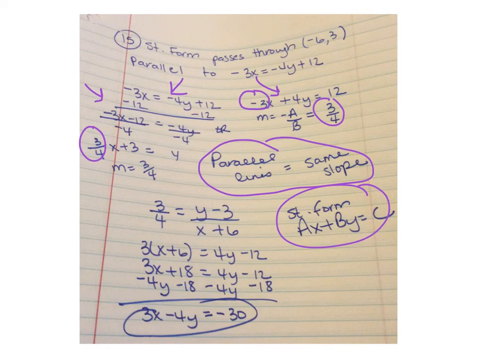Remember, you use the slope formula now. Because I'm going to standard form, I'm going to cross multiply the x first. And when I work this out, I get 3x minus 4y equals negative 30 is my final answer. And I'm going to check. A is positive. Good. No fractions, no decimals, and it's in the form of ax plus by equals c.